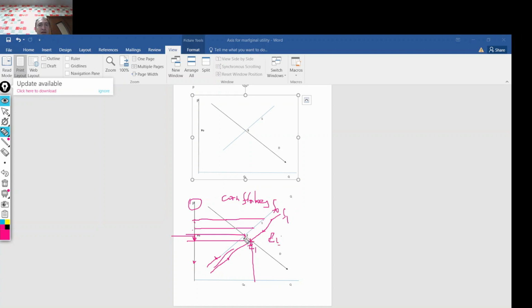We go down in price from here to there. It's a reduction in price. P reduces, but your Q, as you go down from that point to that point, moves from that value to that value. It increases.